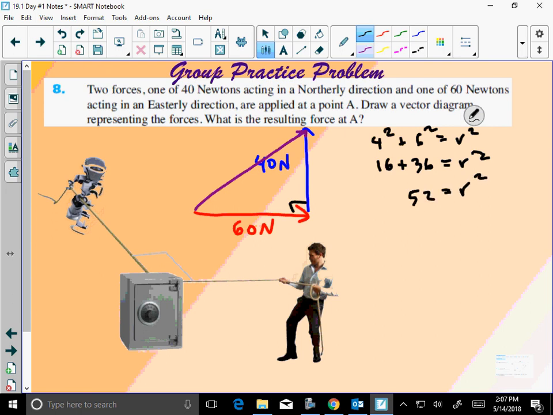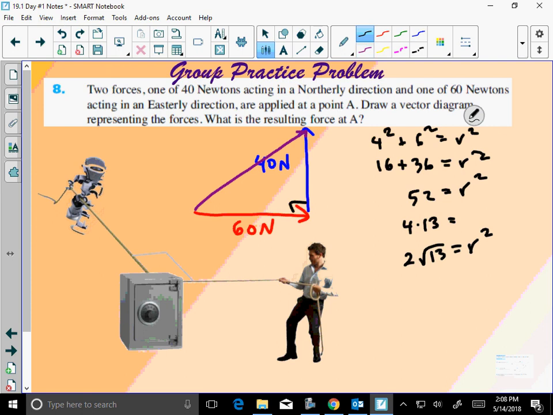I know a perfect square that goes into it, it's 4. How many times does 4 go into that? Divided by 2 is 26. Half of that would be 13, right? So I get 4 times 13. Well, what's the square root of 4? 2. So that is the magnitude, I don't want the square there anymore.